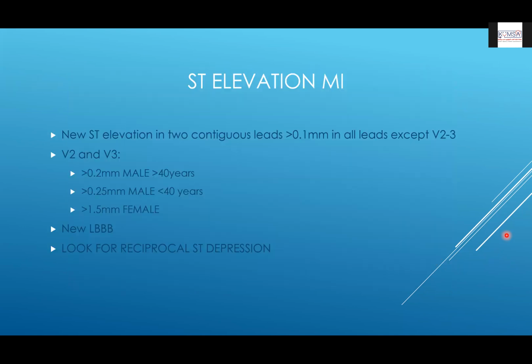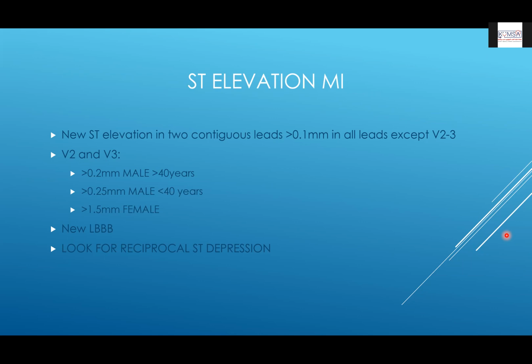Okay. So let's talk about ST elevation. You're gonna want to learn this definition because you're gonna be reciting it for the rest of your life. An ST elevation is any new ST elevation in 2 leads more than 1 millimeter, except V2 and V3. In the cases of V2 and V3, any male above 40 has to be more than 2 millimeters.